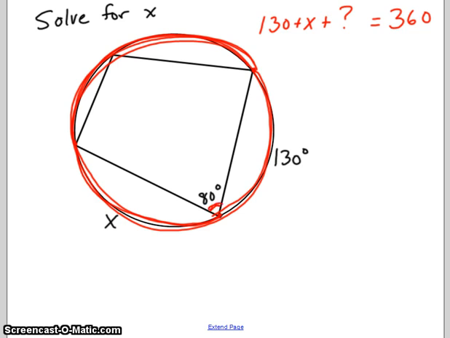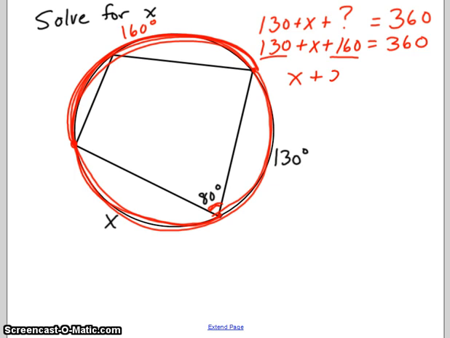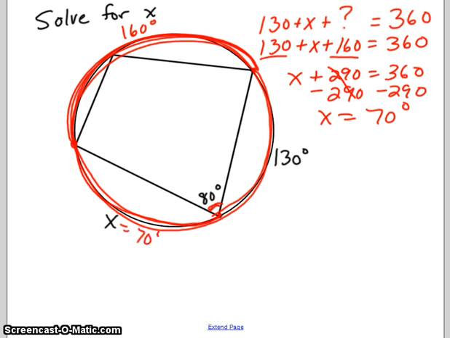Well, we know this angle's 80, so from here to here is twice 80, which is 160 degrees. So 130 plus x plus 160 equals 360. Combine like terms and solve for x, and we get x equals 70 degrees. So the measure of this arc right here is 70 degrees.